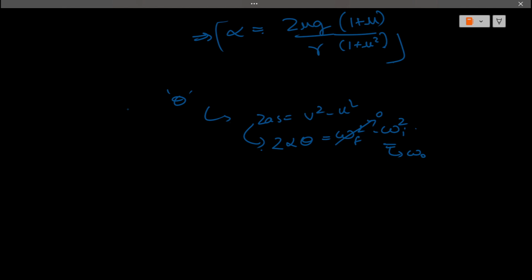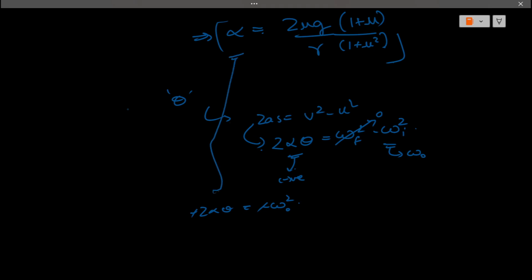Also, alpha has to be a negative value because it is a retarding angular acceleration. So we'll have minus 2 alpha theta is equal to minus omega naught squared. Minus minus cancels away. We'll be plugging in the value for alpha from here.